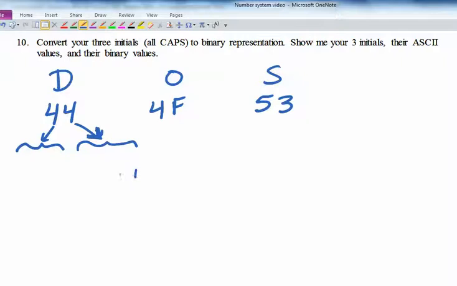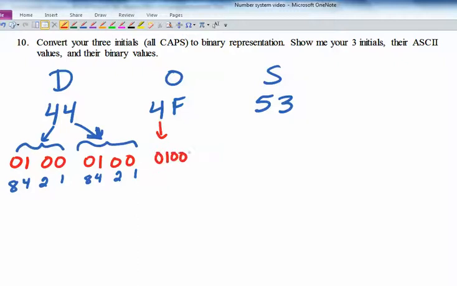So I'm thinking of the 1s, 2s, 4s, and 8s column. So for the digit 4, these will both be 0, 1, 0, 0. 0, 1, 0, 0. And I've got another 4 here. So that's going to be another 0, 1, 0, 0.